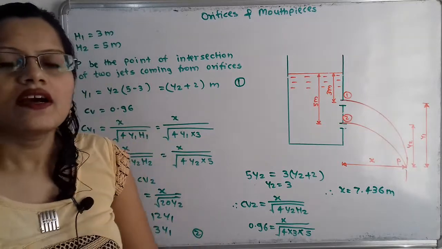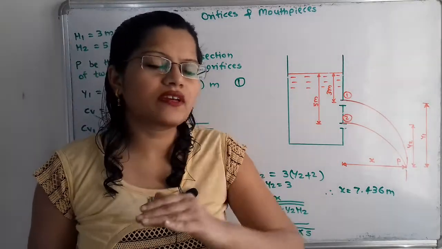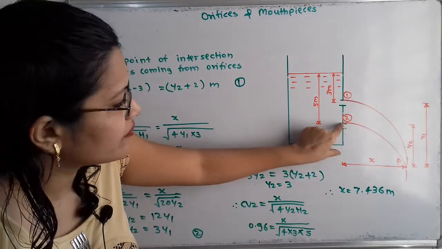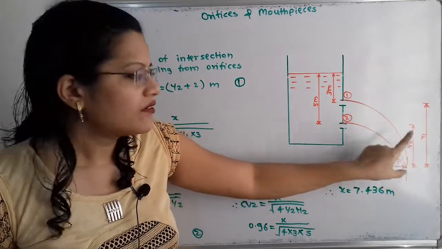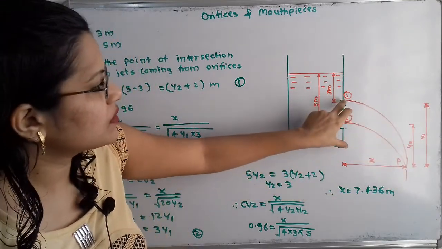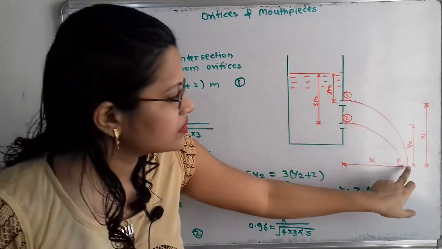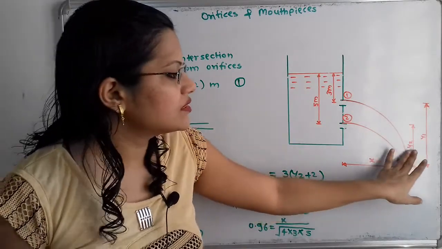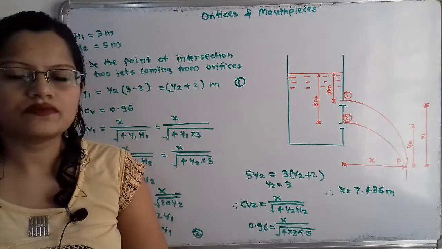Now we consider the vertical distances: the vertical distance from orifice 2 to point P is y2, and the vertical distance from orifice 1 to point P is y1. So we have to find these distances, y1, y2 and x.